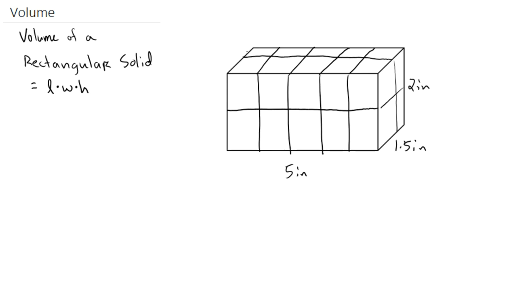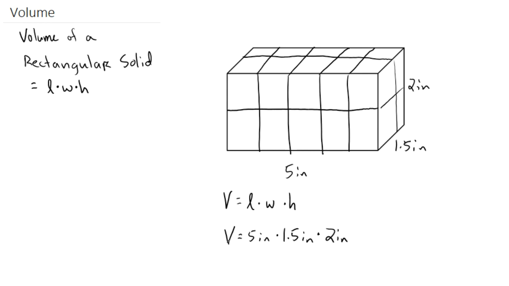Okay, so when we do the volume, we would get length of 5 inches times width of 1.5 inches times its height of 2 inches. Again, write those formulas out raw and think about what they mean as you write them, and that'll help you memorize them. So we have the volume equals 5 inches times 1.5 inches times 2 inches.